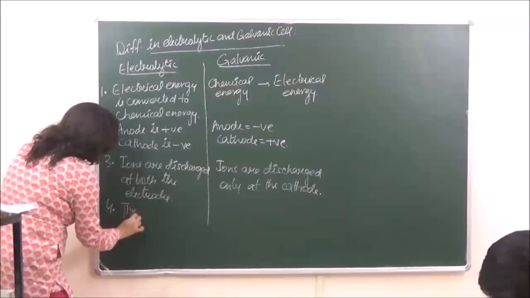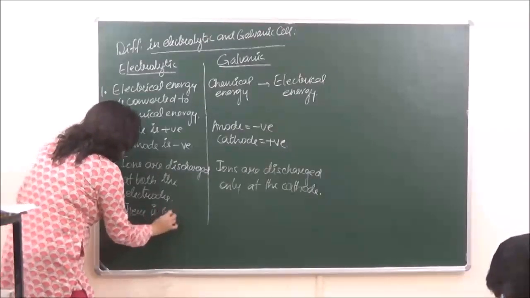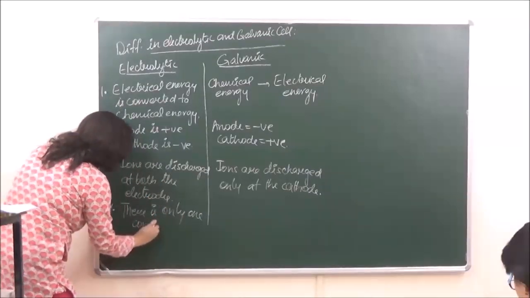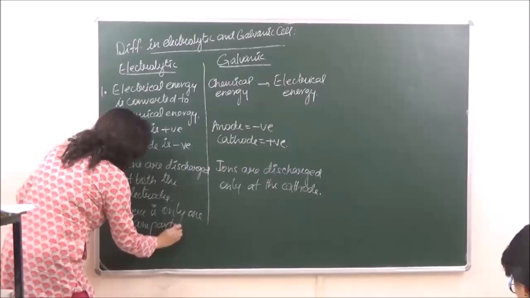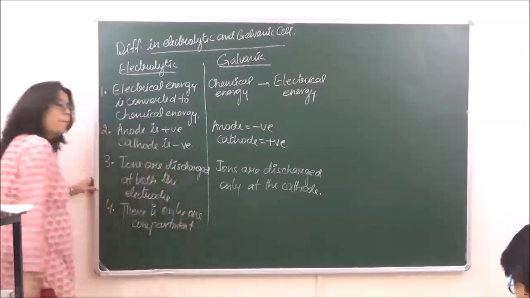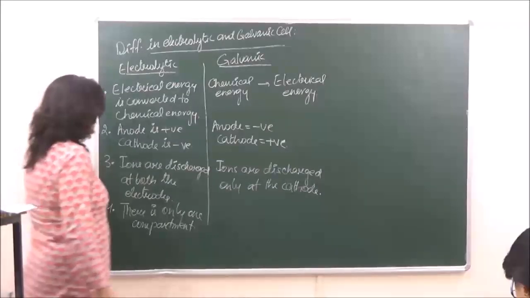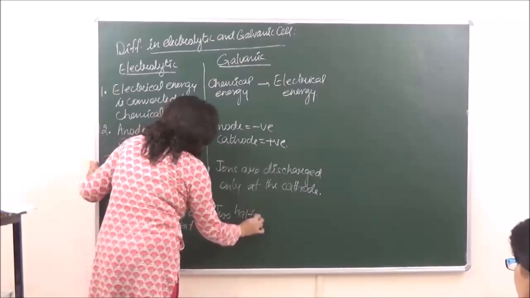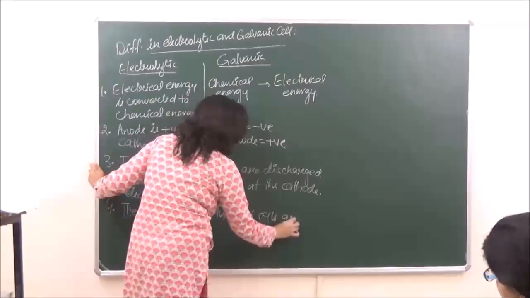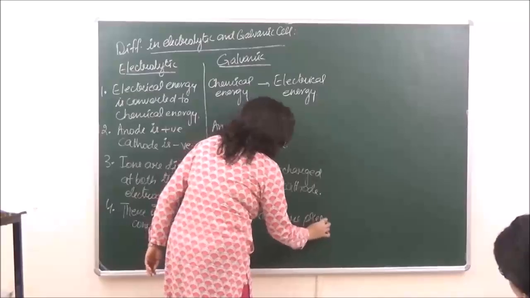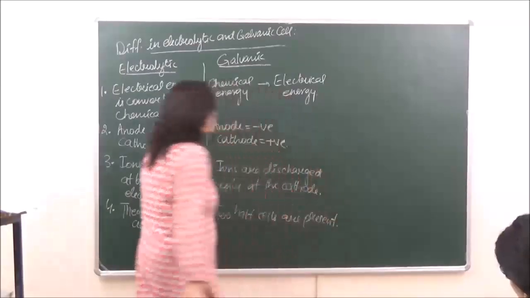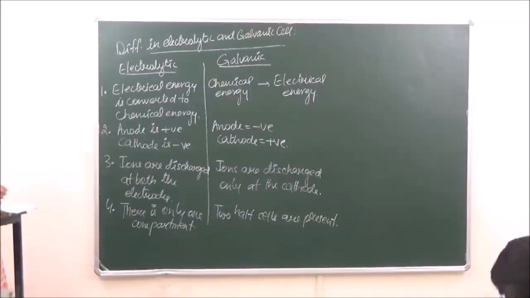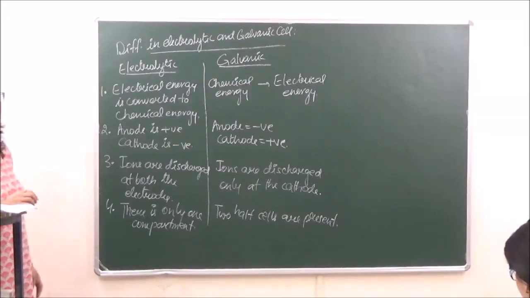So there is only one compartment over here, whereas in galvanic cell 2 half cells are present, which we have already discussed. One is the oxidation half cell and the other is the reduction half cell.